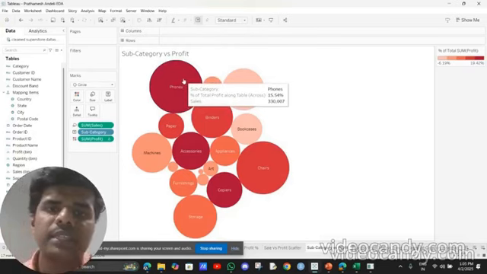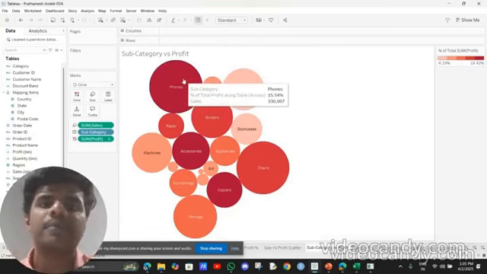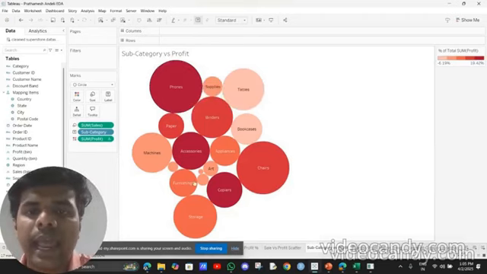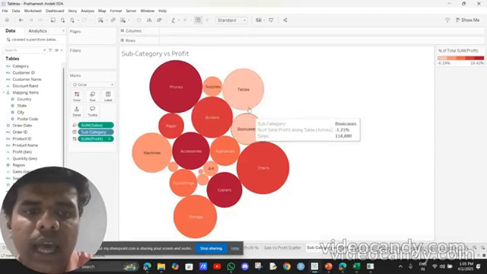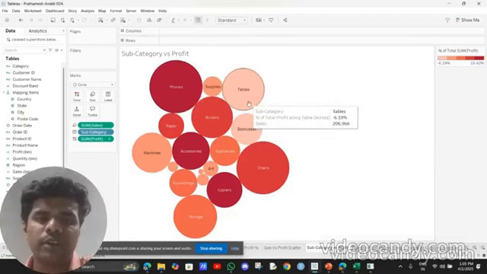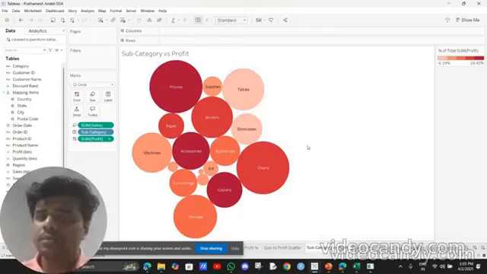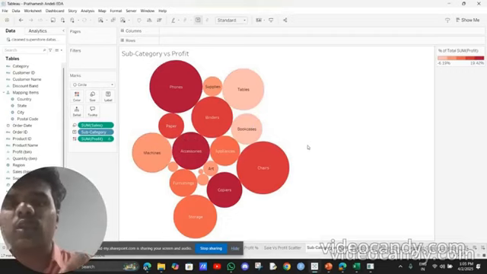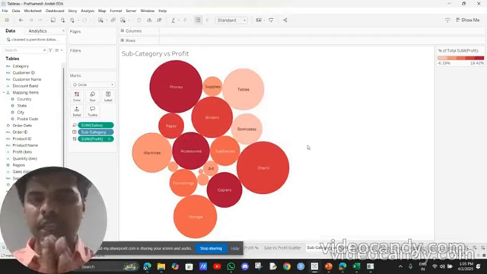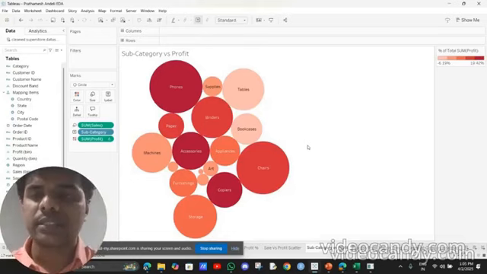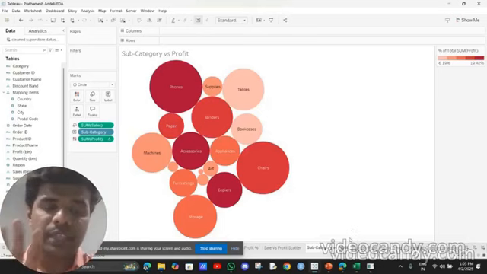It is very clear that phones as a subcategory are the most profitable subcategory with 15.54%, and tables and bookcases are the minimum profit makers, meaning loss makers, with minus 6.19%. At a glance we can conclude which subcategory is making profit and which subcategory has to be improved on sales. So I think it is very useful.